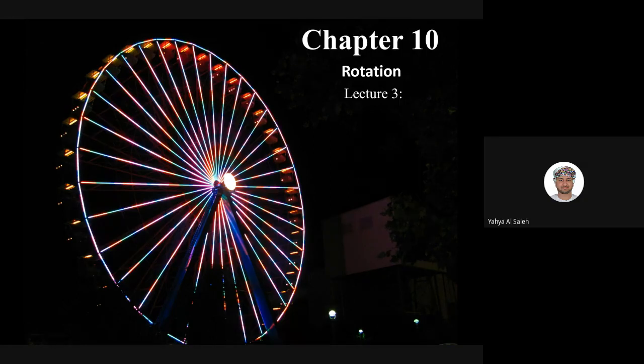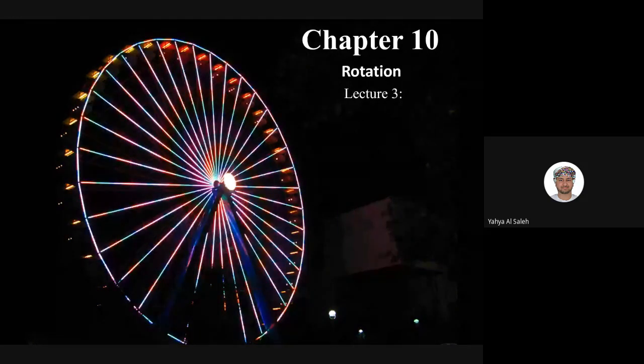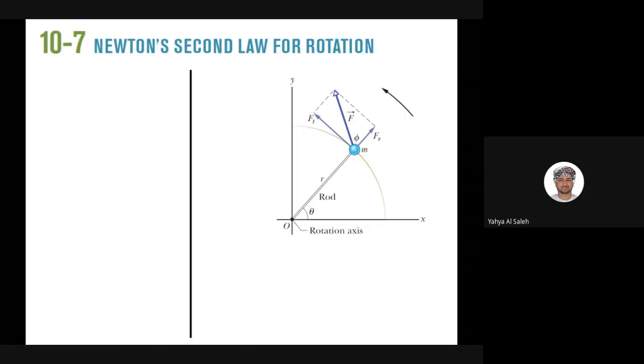Whenever we spoke about net external force, here we will speak about net torque. So we had, for translational motion, Newton's second law, which was F equals ma. Translating here, we also will have a force, which we will call a torque.